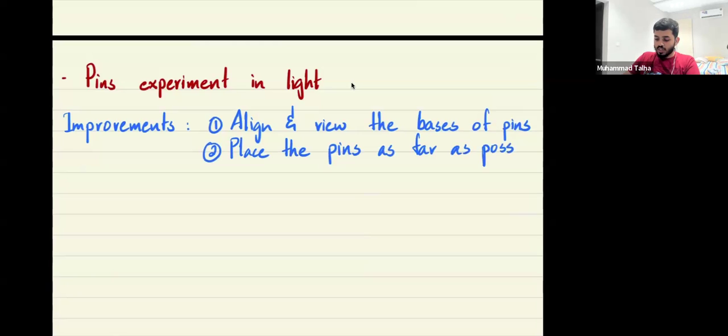And for drawing the rays, you can always say that use a sharp pencil to draw. Right, so these are just some things that come to mind.